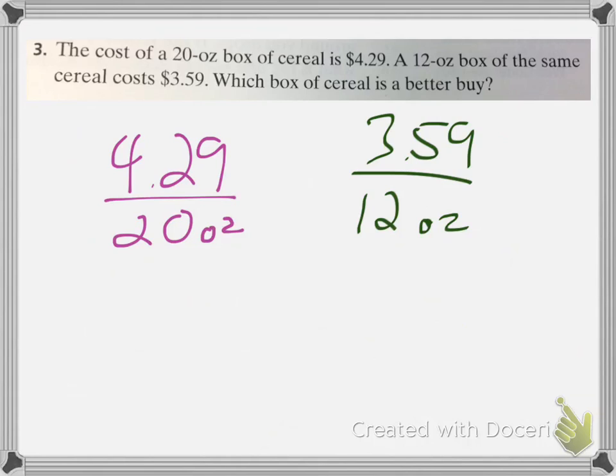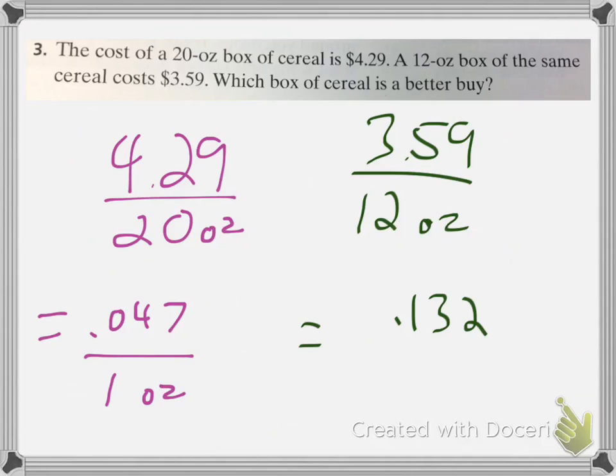Now all I do is divide. Take 429 and divide it by 20, and I end up getting the same thing I said earlier, 0.04, about 7 per 1 ounce. Over here, I end up getting 0.132 cents per 1 ounce.